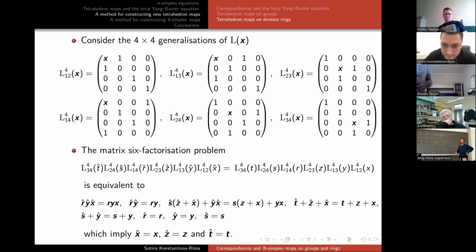Also, an important comment: in the previous slides I showed how you can derive new maps and, in principle, obtain new classification results if you also consider correspondences as solutions to the Yang-Baxter equation.